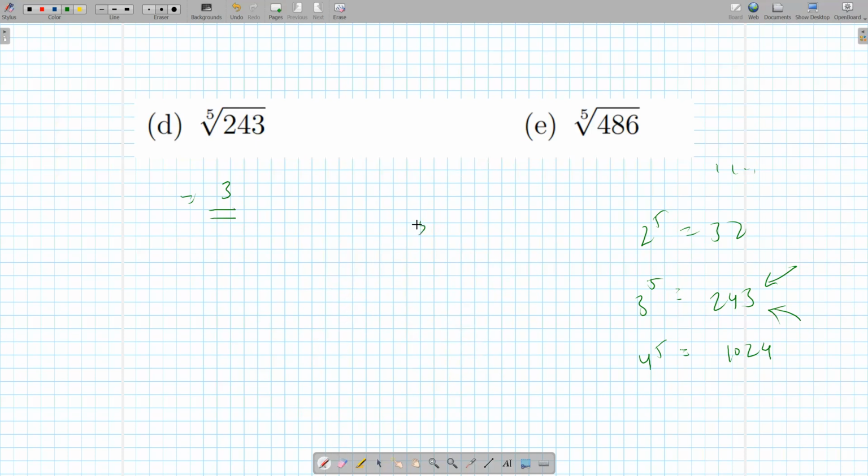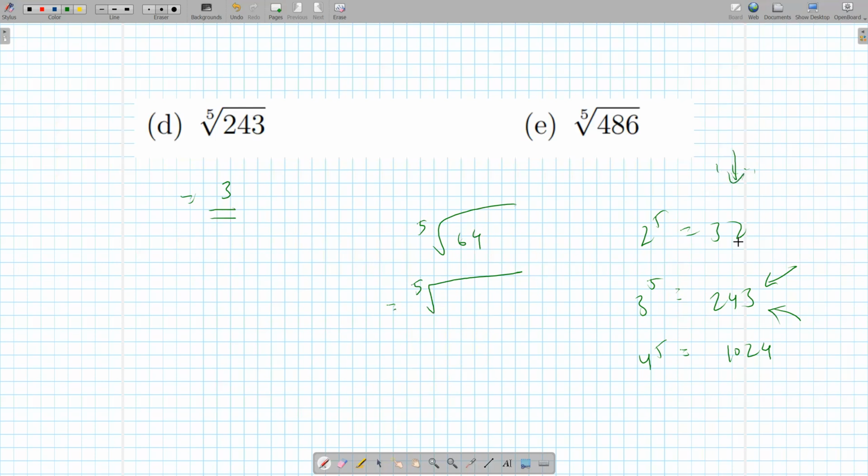Look at this. What's the fifth root of 64 now? Calculator will probably not help you here. Yeah, it gives you some gibberish. This is how you do this question, okay? You remember in the previous question, we wrote it in terms of a perfect square. Now we're going to write this in terms of a perfect fifth power number.